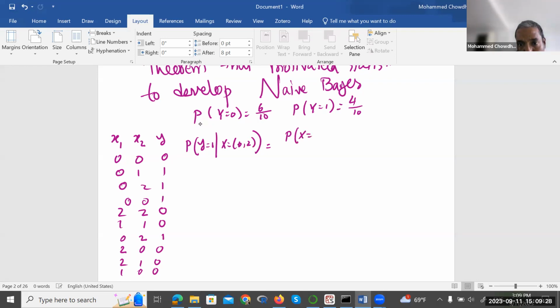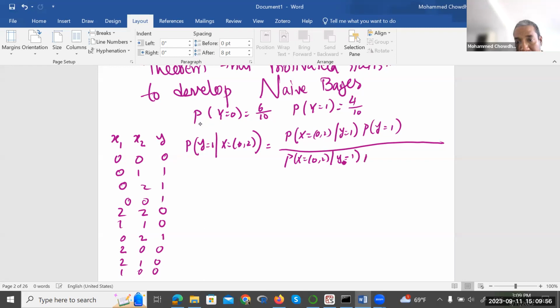X equal to 0, 2 given y equal to 1 times the marginal probability of y equal to 1, divided by two probabilities: the probability of x equal to 0, 2 given y equal to 1 times the probability of y equal to 1, plus the probability of x equal to 0, 2 given y equal to 0 times the probability of y equal to 0. The denominator is the same.